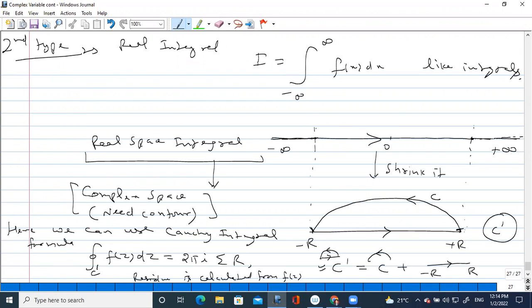Done, sir. This formulation of this method you have to practice two times, otherwise you will forget what we have done. If any doubt is there, you can ask.